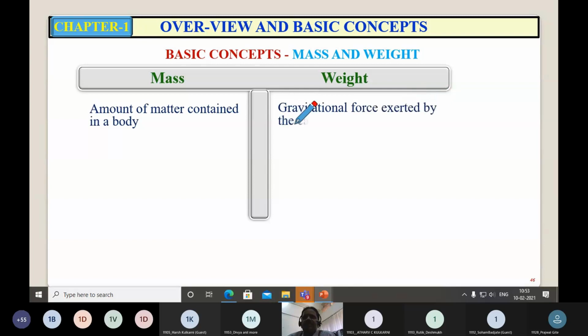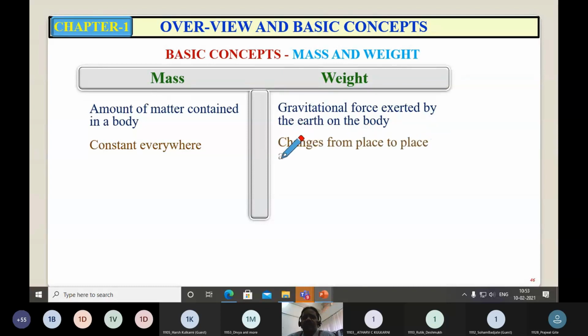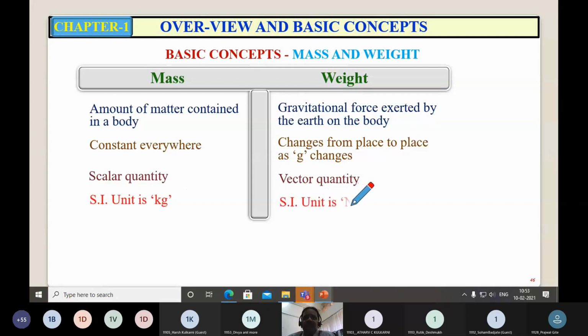Mass is constant everywhere, whereas weight changes from place to place. Mass is a scalar quantity, weight is a vector quantity. The SI unit of mass is kilograms, whereas weight is measured in Newton.